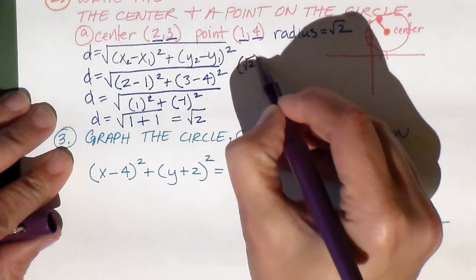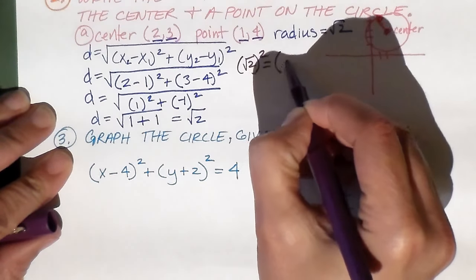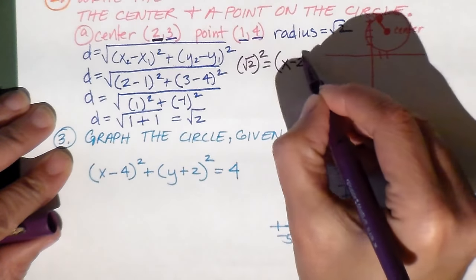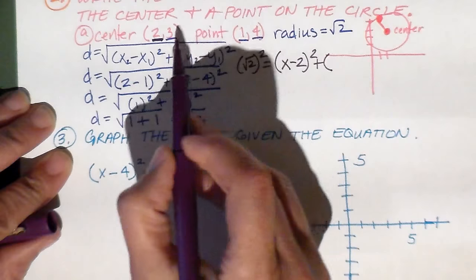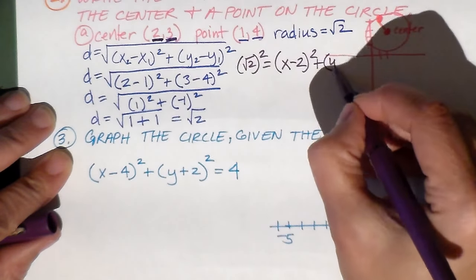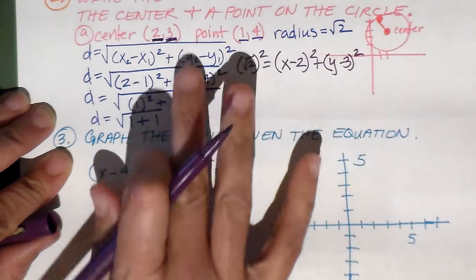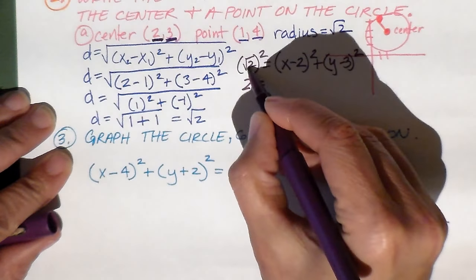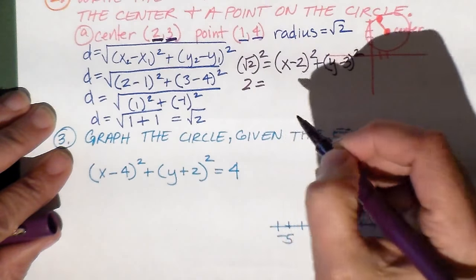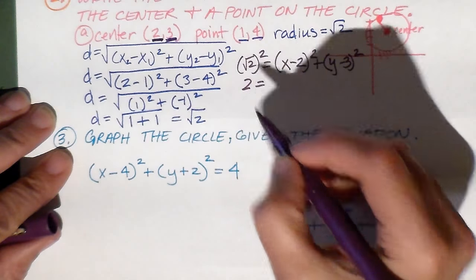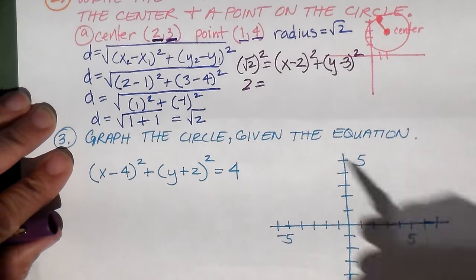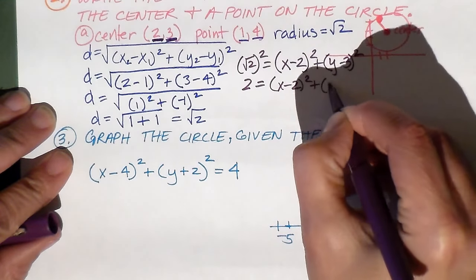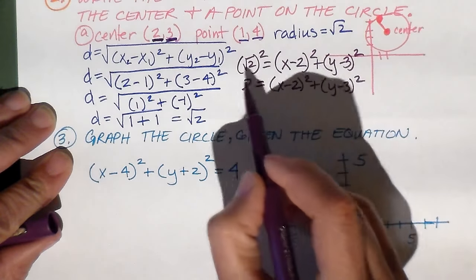So basically it's square root of 2 squared equals, what's my center? 2, 3, so x minus 2 squared plus y minus 3 squared, because that's my center. And then if I want to write this out without a radical, what's square root of 2 times square root of 2? Square root of 4, which is just 2. Because remember, square root and squared are inverse operations. They undo each other. So here's my equation of my circle.